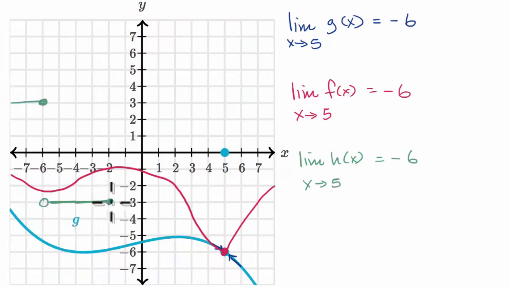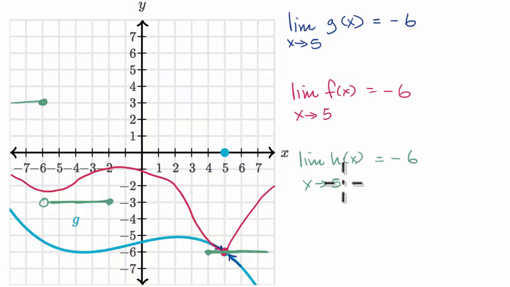Maybe it's not defined at all for any of these values, and then maybe down here it is defined for all x values greater than or equal to 4, and it just goes right through negative 6. So notice, all of these functions as x approaches 5, they all have the limit defined and it's equal to negative 6, but these functions all look very, very different.